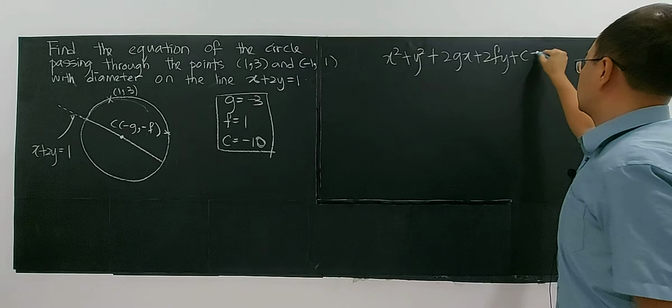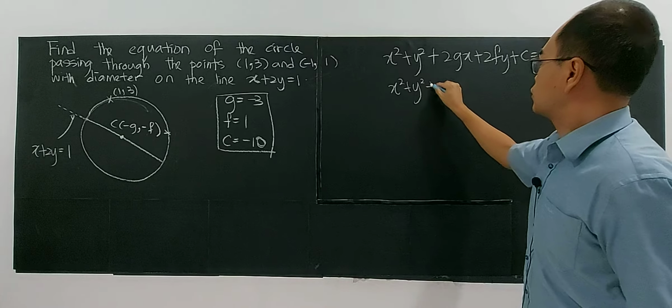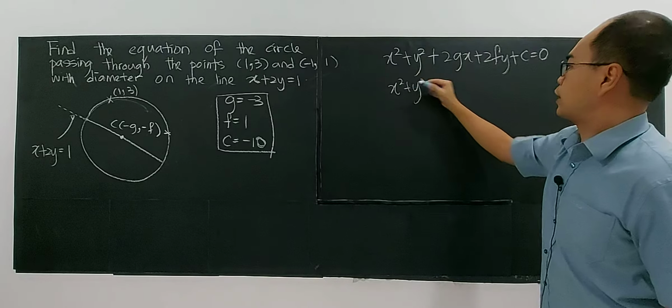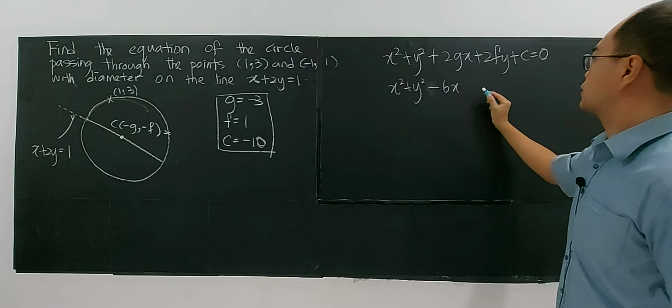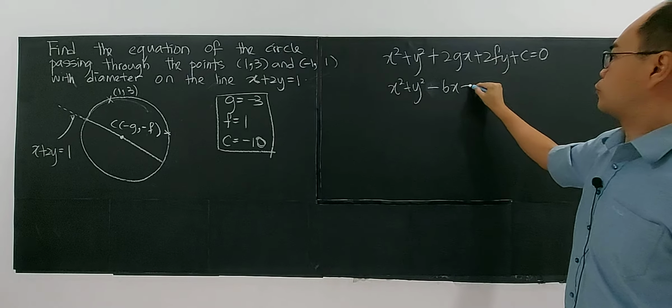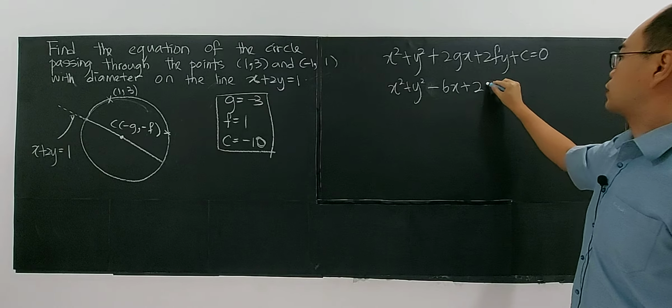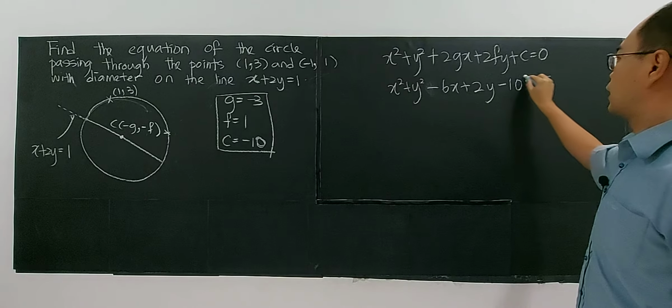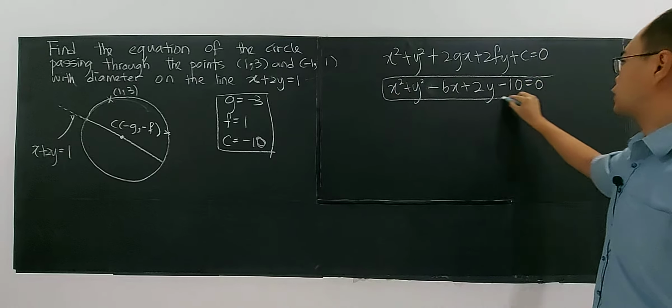Now we can substitute the values. We have 2 times negative 3, so we will have negative 6x, and 2 times f, which is 1, so we get 2y, plus c, negative 10, equals 0. And this will be the equation of the circle.